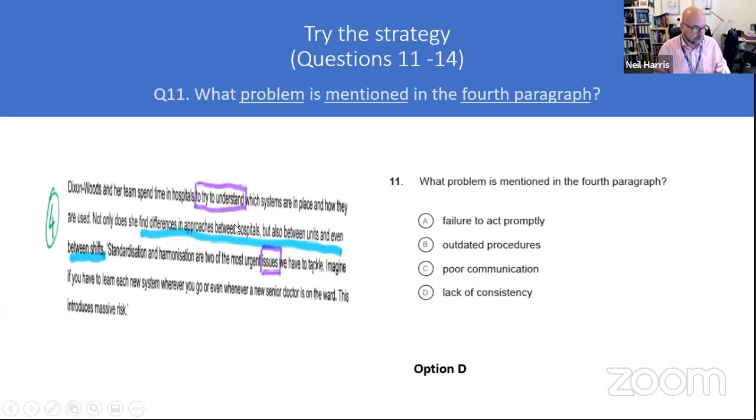She simply talks about the fact that there are differences in the systems, and that explains why consistency and its lack, D, is the correct answer rather than C, poor communication. Communication is not mentioned in this text. It's the systems that themselves are not consistent.